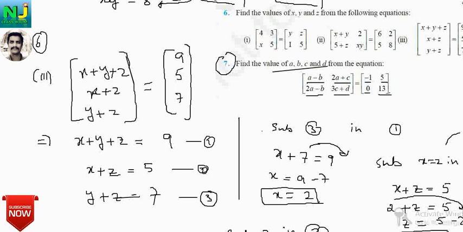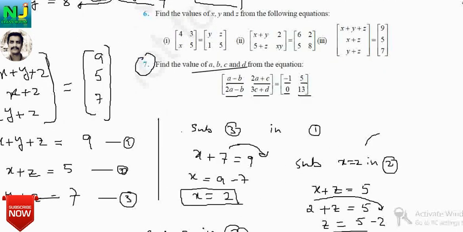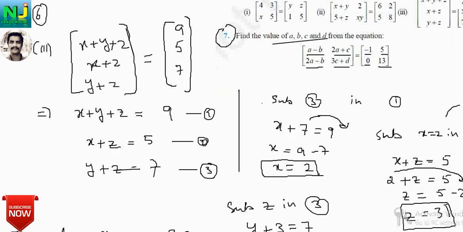By using this we can solve it. We will do this one also, no problem.